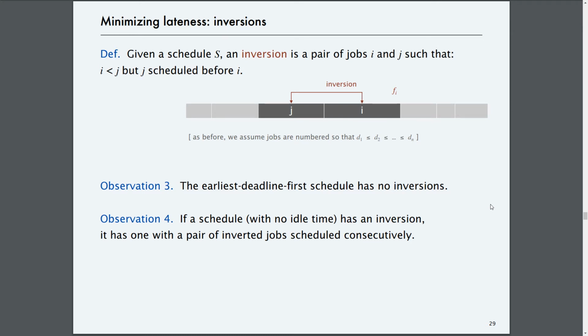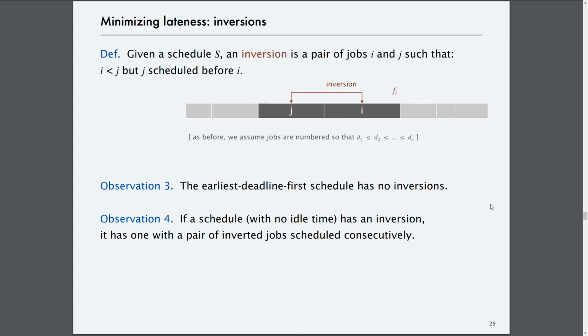Now, if we have a schedule S, an inversion is a pair of jobs, i and j, such that i is less than j on the slides. It means its deadline is less than the deadline of j.